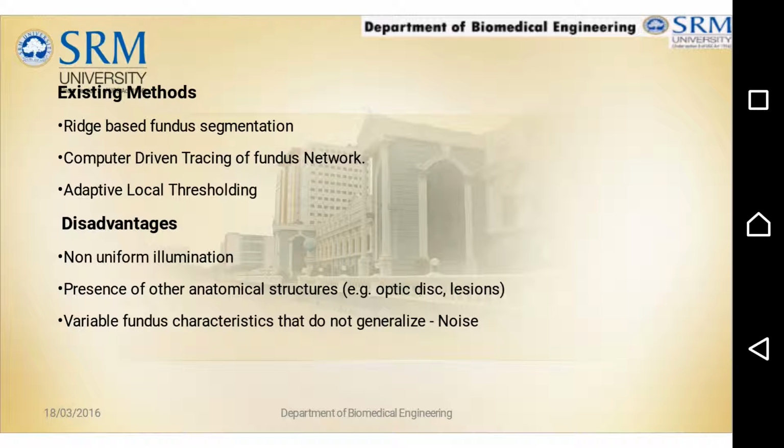There are n number of existing methods like ridge-based fundus segmentation, computer-driven tracing of fundus network, adaptive local thresholding. There are disadvantages associated with these prevailing techniques like non-uniform illumination, presence of other anatomical structures, variable fundus characteristics that do not generalize.